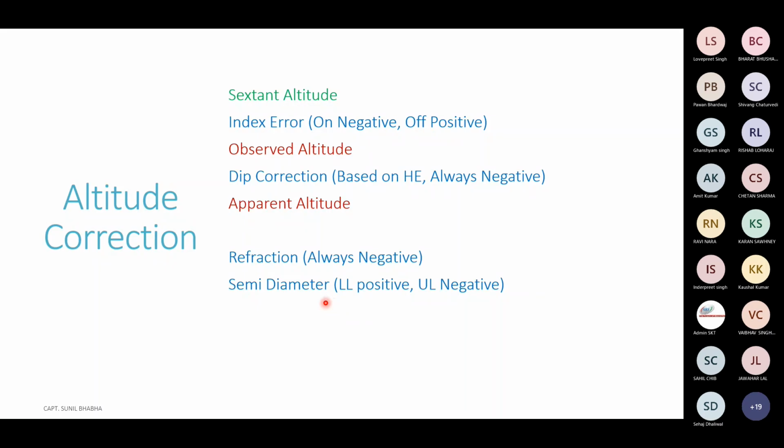So the semi-diameter correction for lower limb will obviously be positive because from the lower limb, you have to reach the center of the body, so you have to add the semi-diameter.